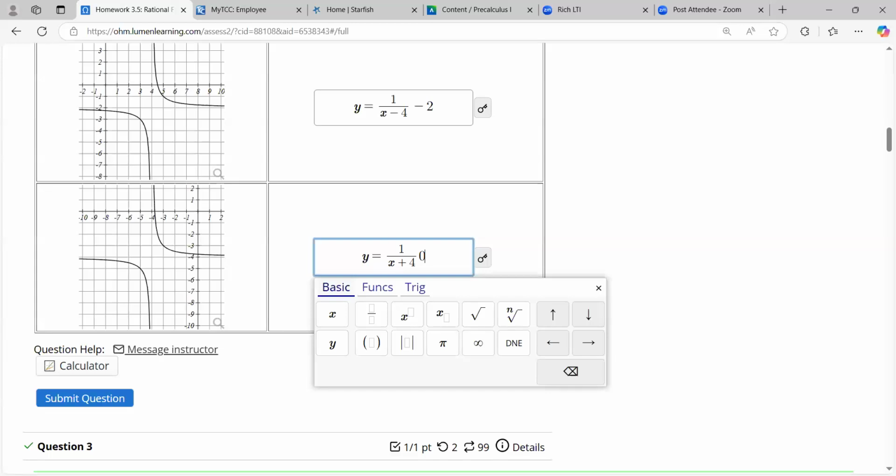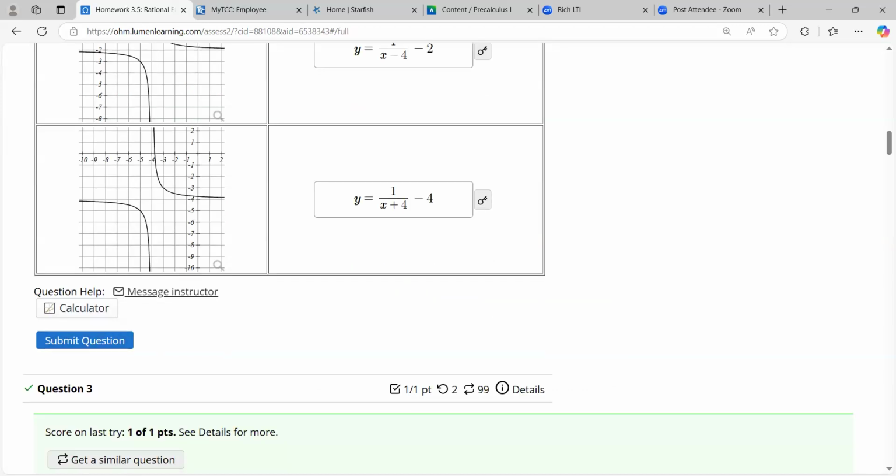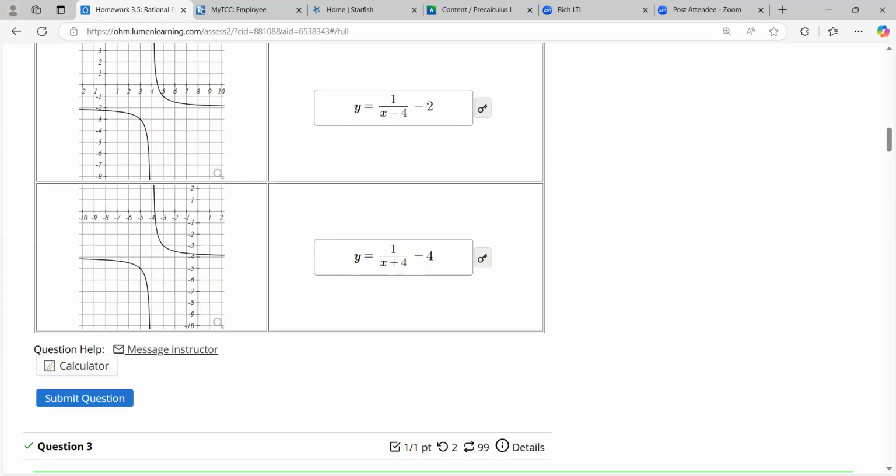And vertical shift, since it shifted downwards 4 units, that is to subtract 4. All right. You could use the calculator to help you. You enter the function into the calculator to see if you have the graph exactly the same as the given graph. Because we have a calculator, the question becomes less challenging.